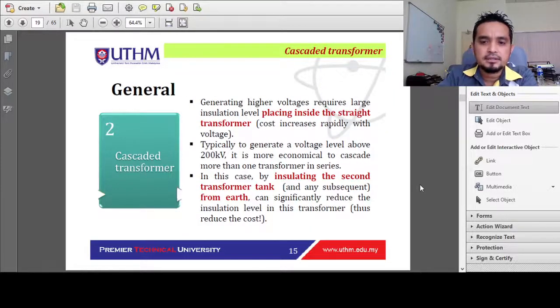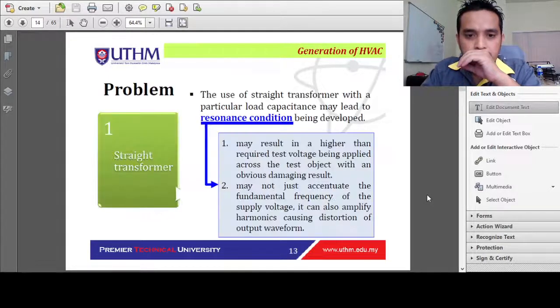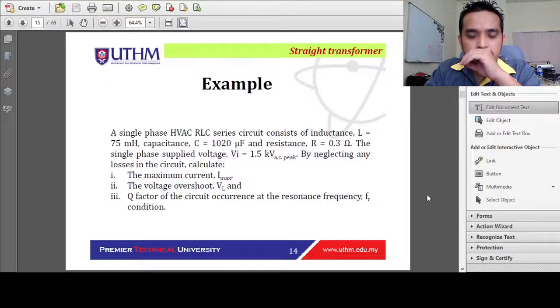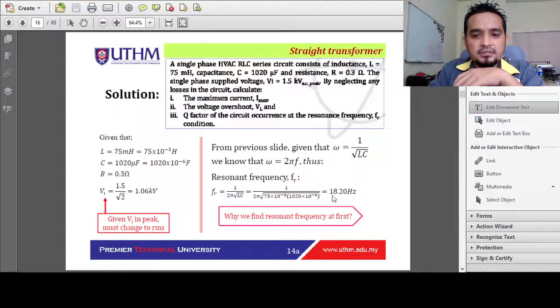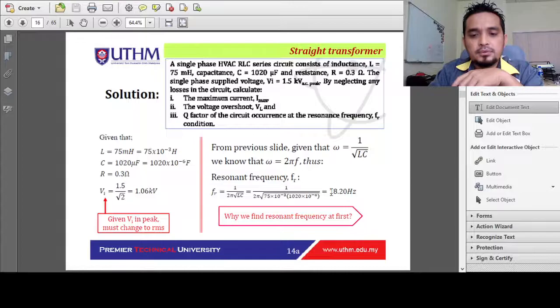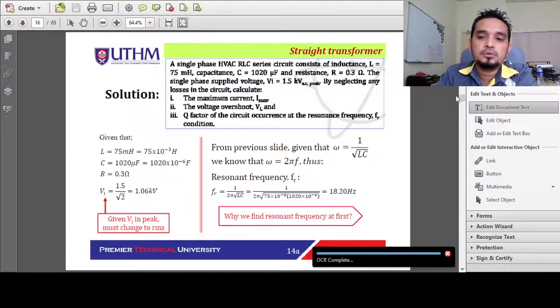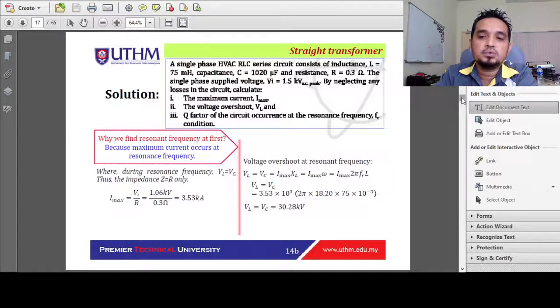What you can do to calculate the Q factor is just amend this frequency value. Instead of that one to be 18, we change it to be 60. That's it. And then you should be able to calculate the new Q factor.